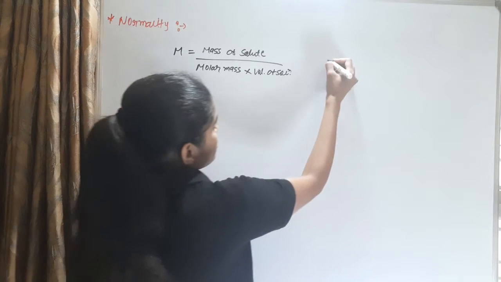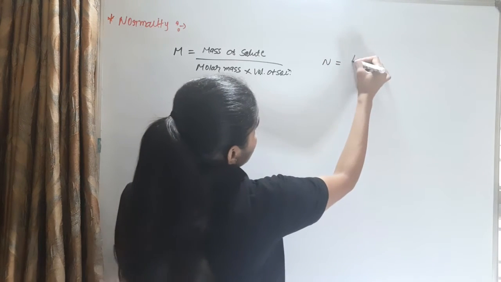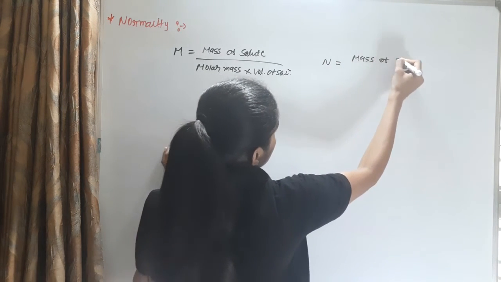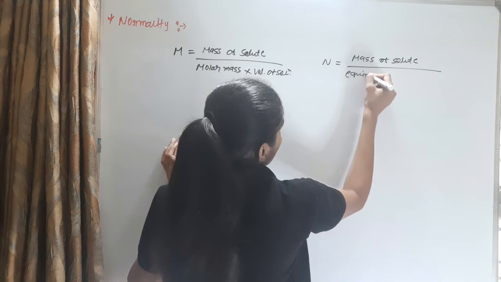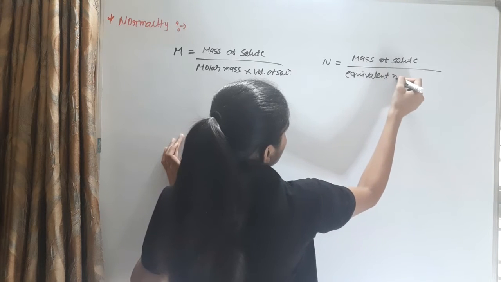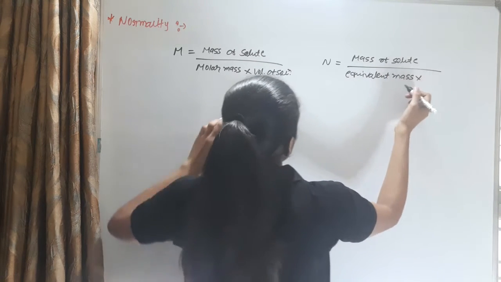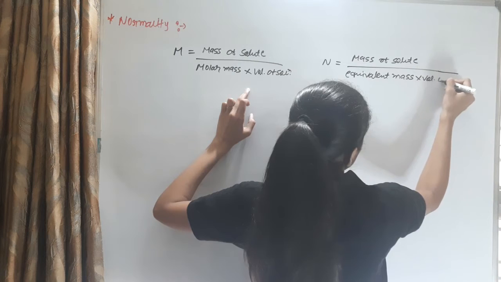And normality is equal to the mass of solute divided by the equivalent mass multiplied with the volume of solution.